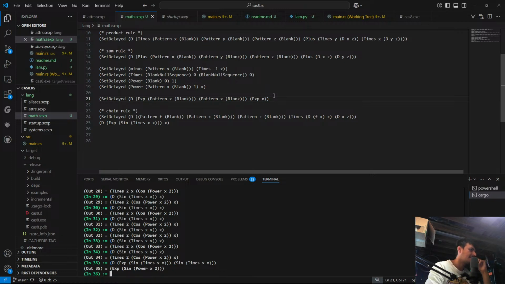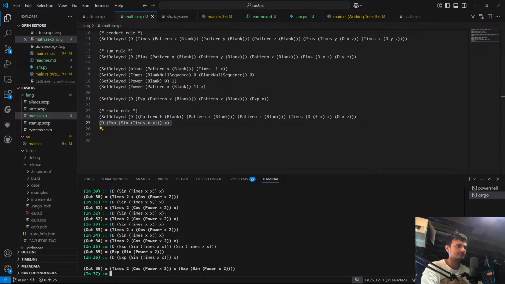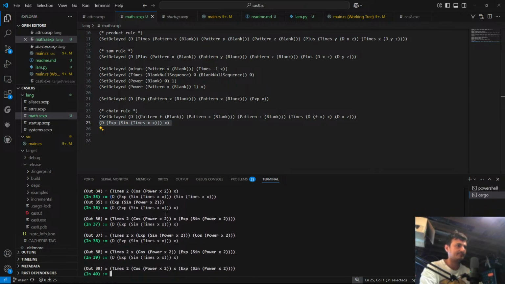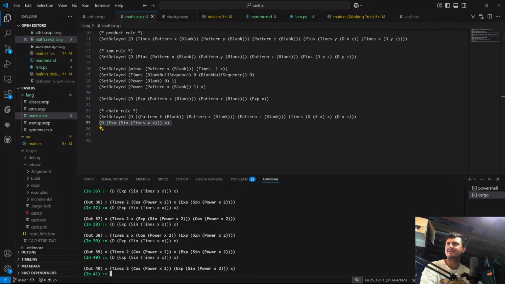So that's correct. So I actually don't know how this overflows. Wait, I thought it overflowed. What happened that it overflowed? That's correct. 2x cos x squared.